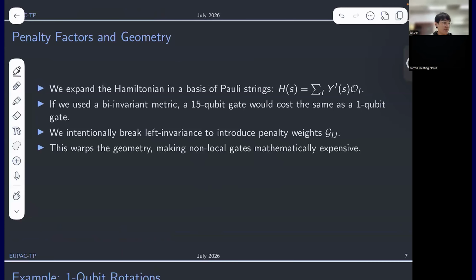Before we move on, I would like to explain what Pauli strings are.